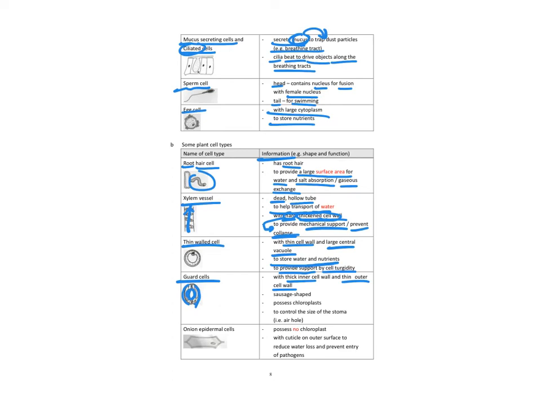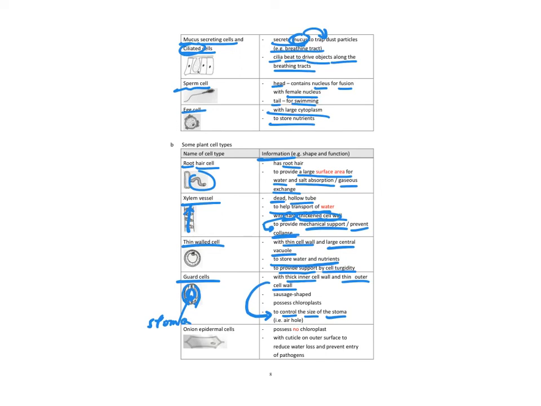It is adapting to a certain function. And this function helps to control, first, the size of the stoma. That means the hole inside the two guard cells, the stoma.